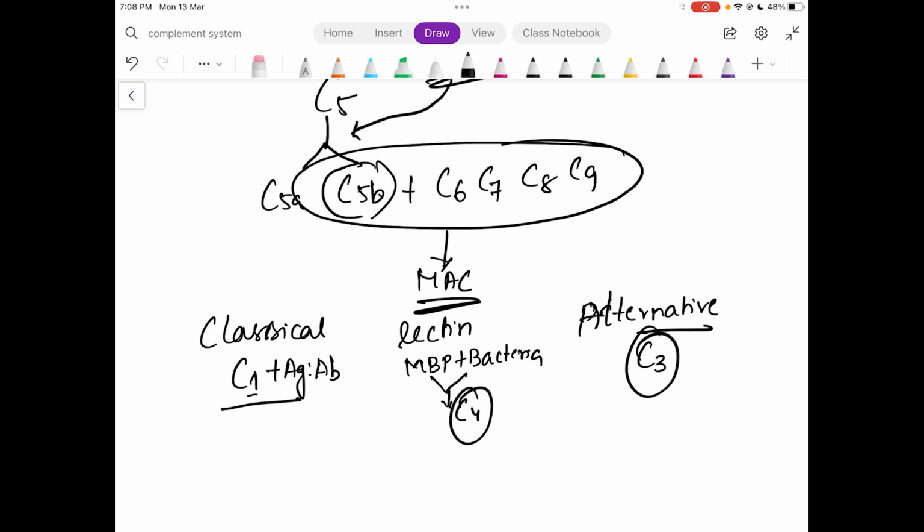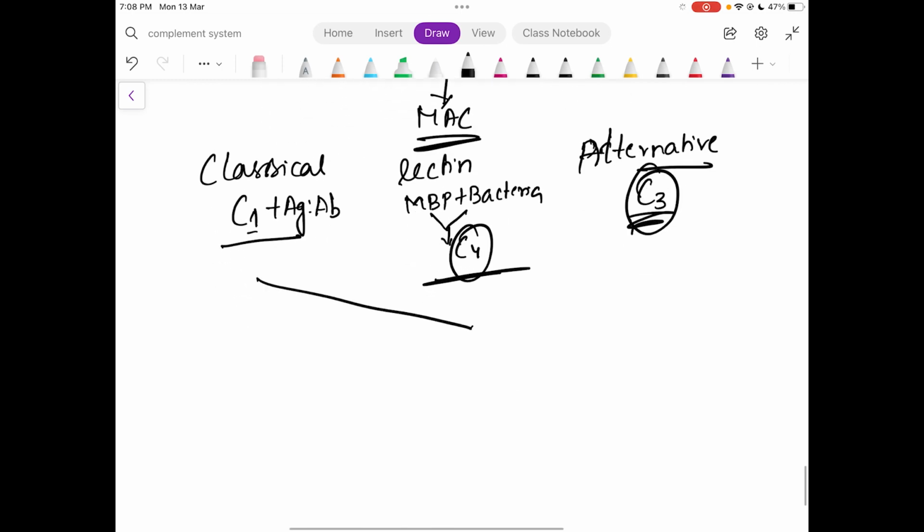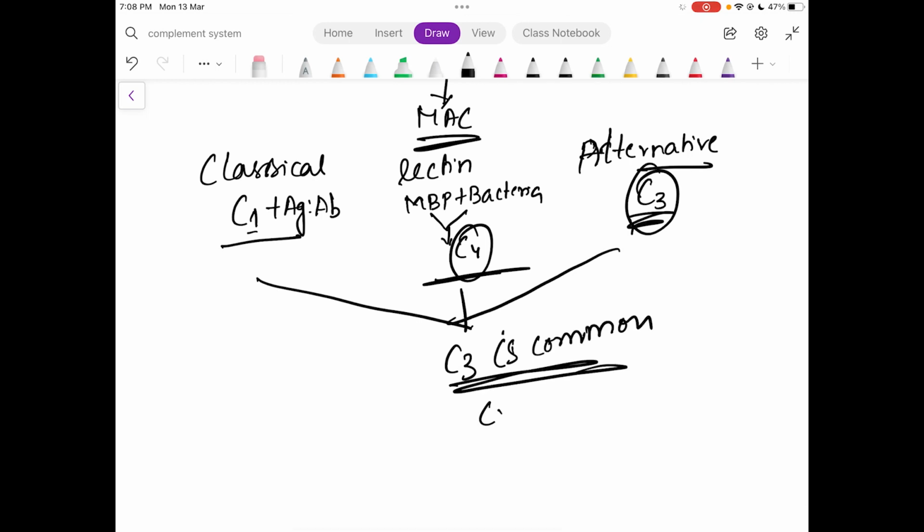So in classical pathway C1 is involved, in lectin pathway directly C4 is involved, in alternative pathway directly C3 is involved. In all these three pathways C3 is common. C3 is common pathway and C5. After C3 is activated, C5. And formation of membrane attack complex is common in all these three. This is about classical pathway, lectin pathway and alternative pathway.